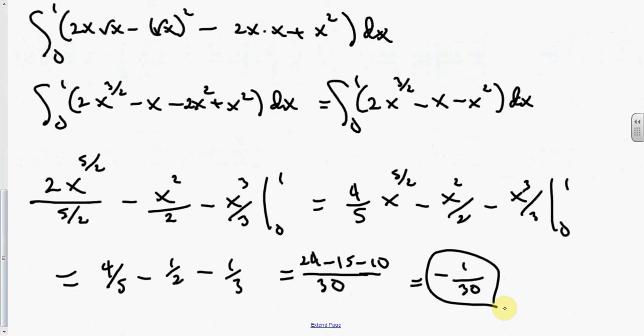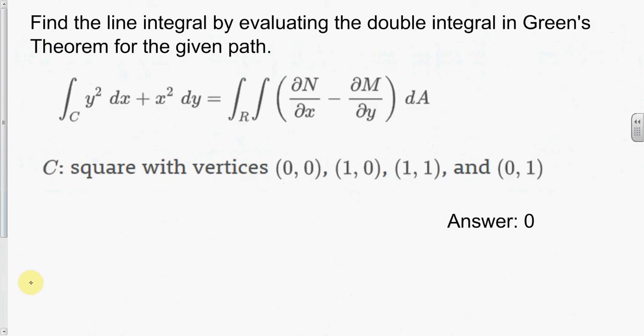Let's see a couple more problems before we get out of here. This is a square with vertices 0, 0, 1, 0, 0, 1, and 1, 1.